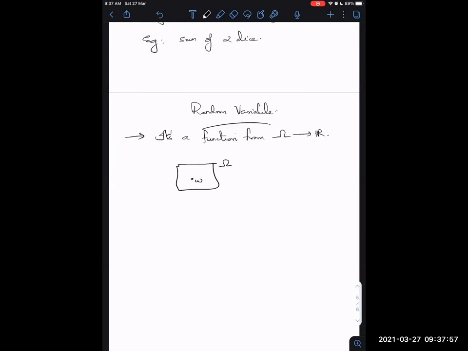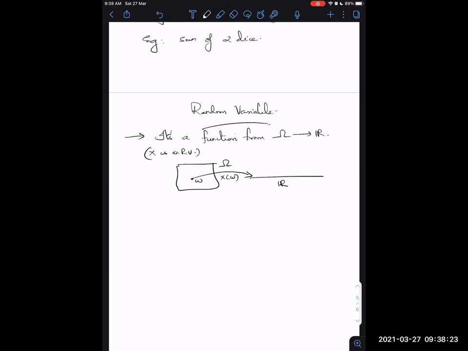Let's call the random variable X. So X takes the input omega and spits out some value on the real line. This is what a random variable does. This is all that a random variable does.